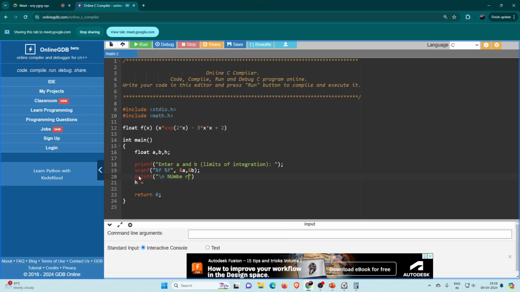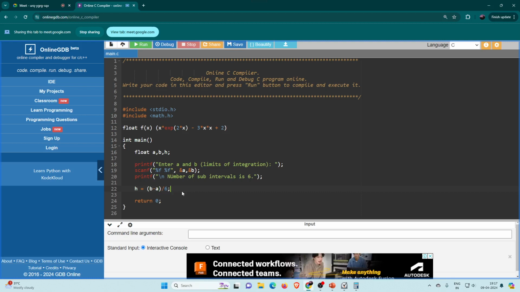Number of sub intervals is 6. Okay. So h should be basically b minus a by 6, right? So b minus a by 6. Okay, easy. Nothing much till now.